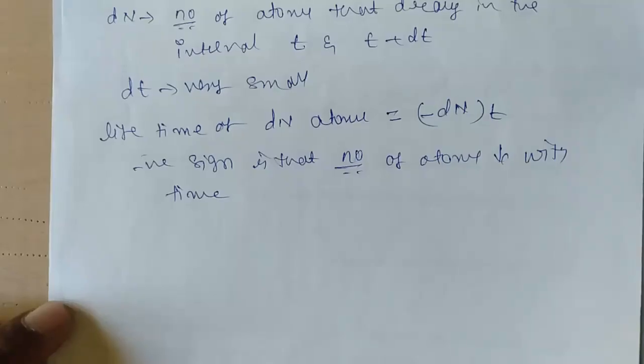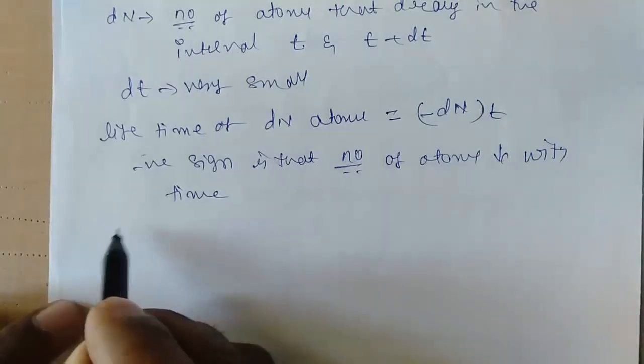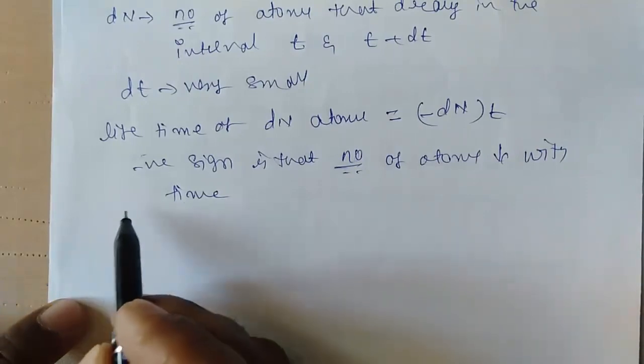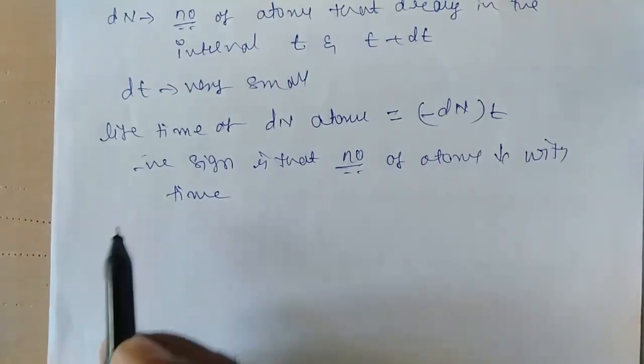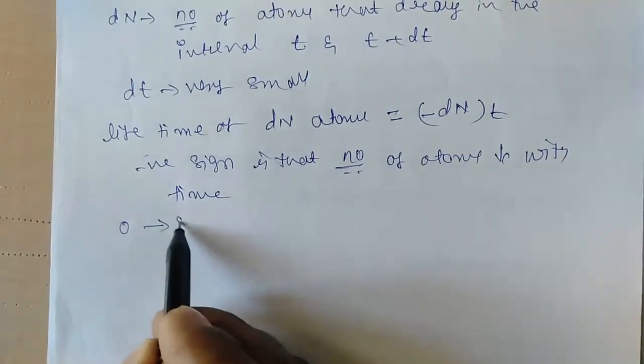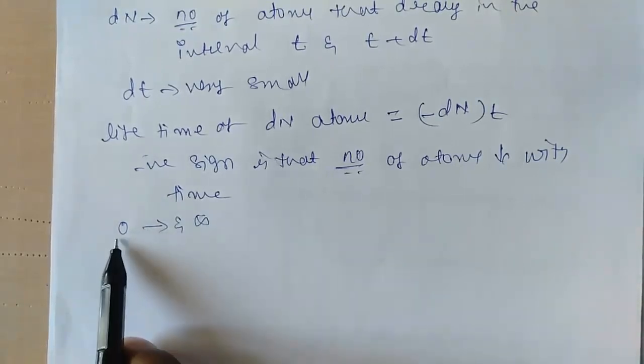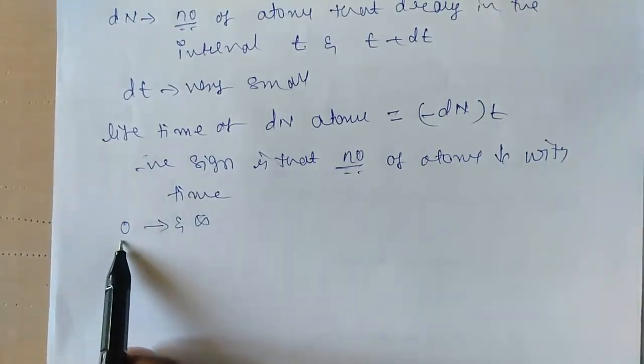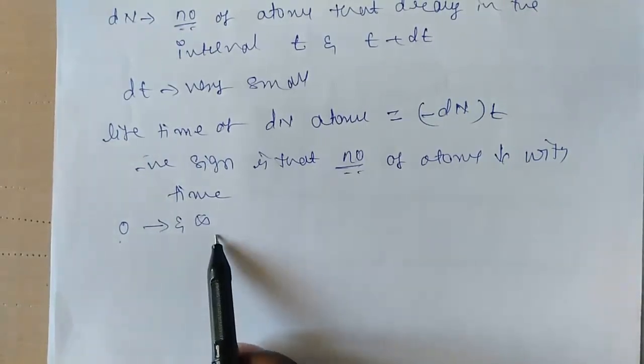We just discussed that the atoms in a radioactive sample have a lifetime between 0 and infinity, since all the atoms will not decay at once, and some may take a very long time.